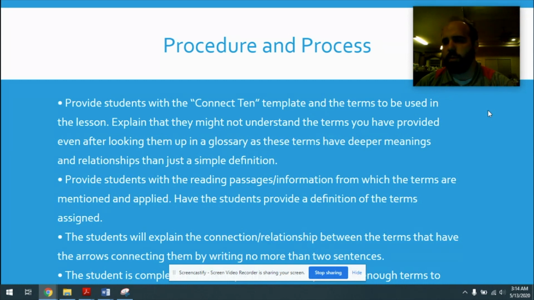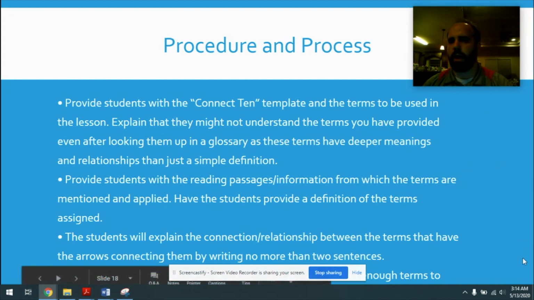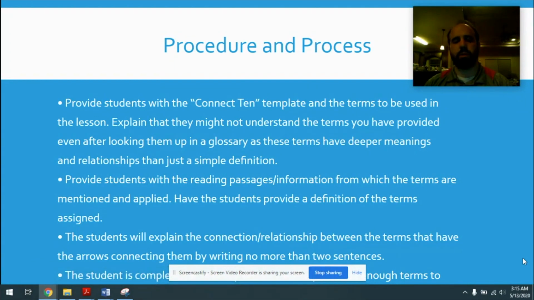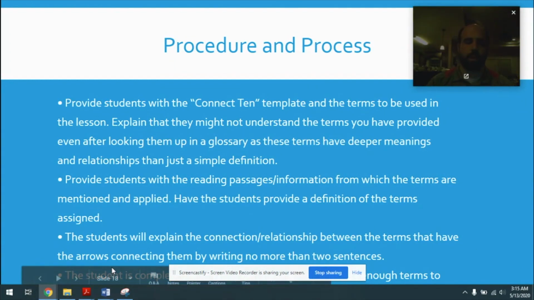Again, there may be some explicit instruction here, I do, we do, you do, and maybe you provide the definitions of some of these terms, and then they take it a little further and make the connections with the text. You can do things in various different ways. But obviously we want them to have a succinct, like I said, 2 sentences or less, and make those. It's really about the connections here.